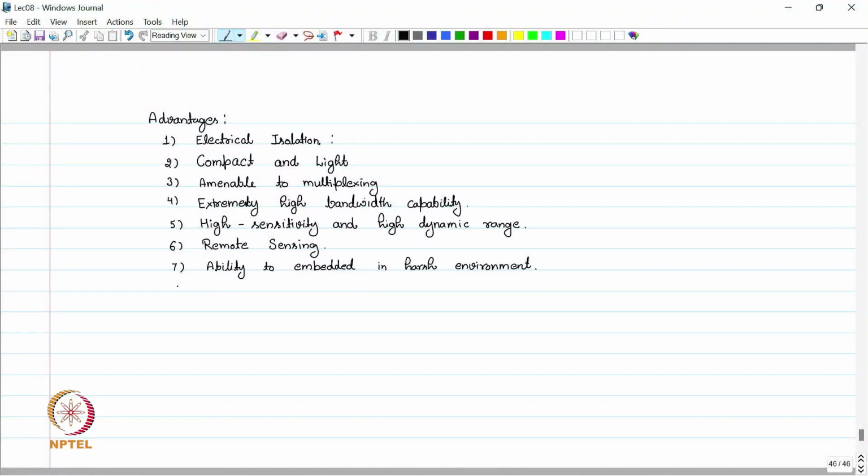The next advantage is distributed and array sensors, covering extensive structures and geographical locations.